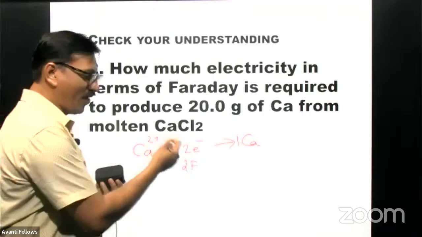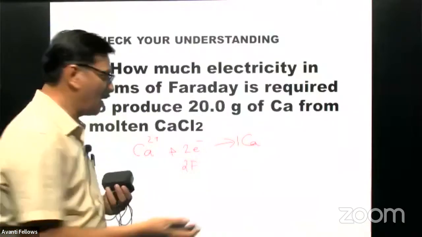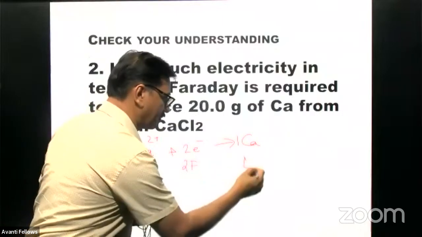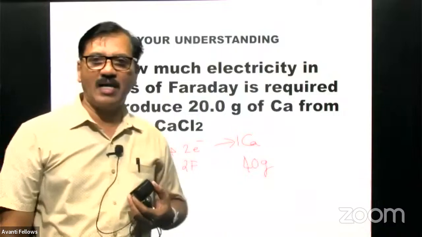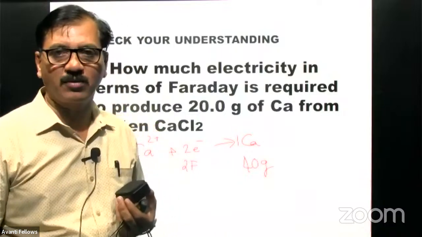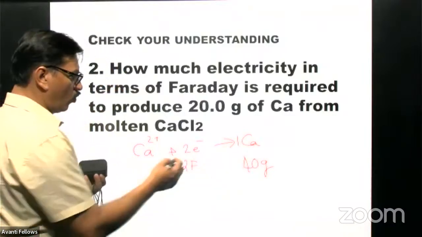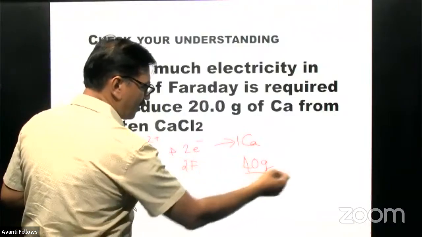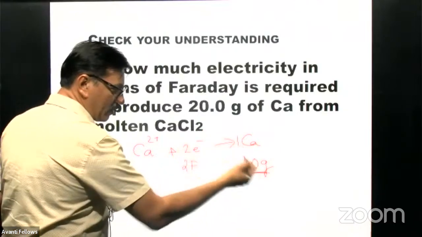2 Faraday of charge will deposit 1 mole of calcium. 1 mole of calcium in mass is 40 grams, which is the atomic mass expressed in grams, the molar mass. 2 Faraday is required to get 40 grams.